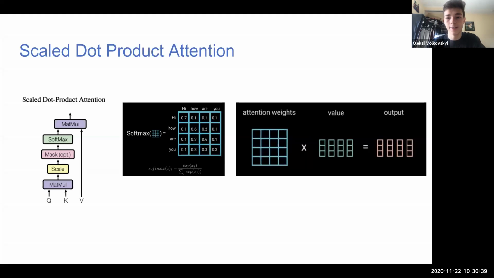Every column corresponds to some part of the encoding for every word, and you're multiplying it by those weights, so you end up scaling the value matrix to attune it with this attention. Does that make sense? Any questions there?